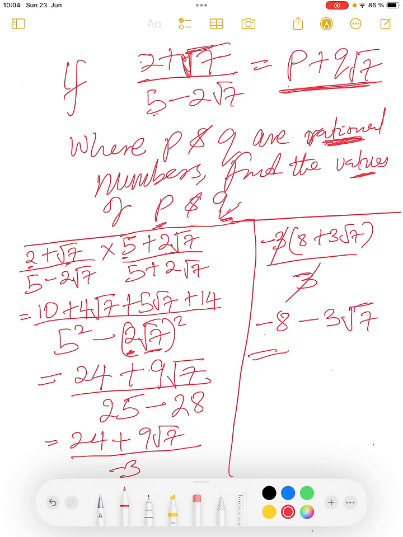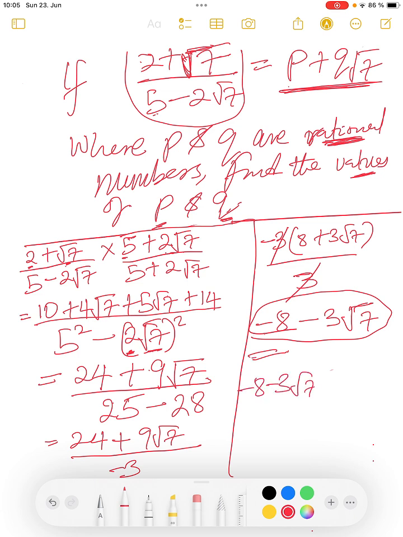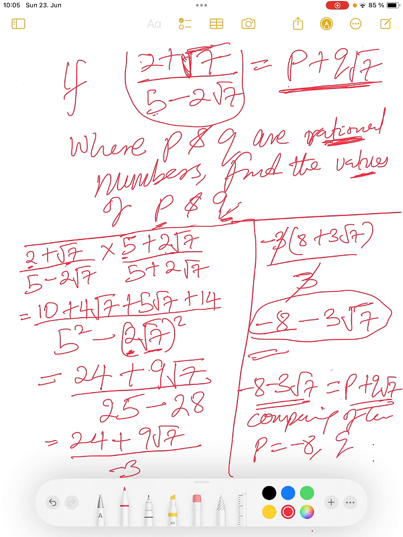It is equal to, because this expression is the same thing as this, we can now say minus 8 minus 3 root 7 is equal to P plus Q root 7. That is, if you now do comparing of terms, it means that P is minus 8 and Q is minus 3.